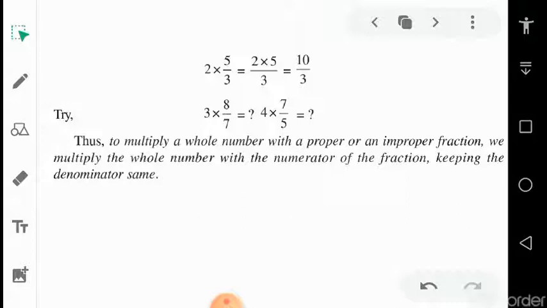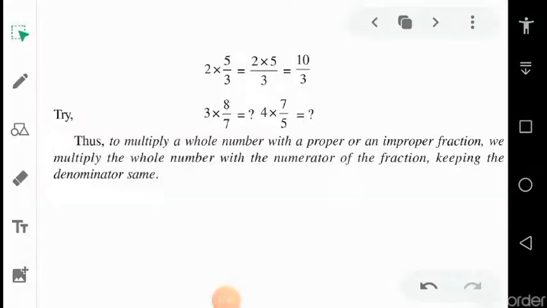So below the question a statement is given to multiply a whole number with a proper or improper fraction. We multiply the whole number with the numerator of the fraction, keeping the denominator same.